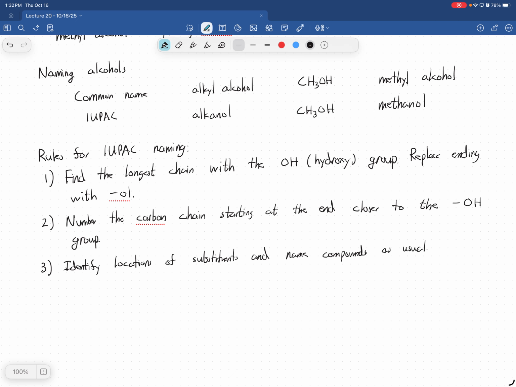Okay, so in this case, still alphabetical order, and the substituents that come first in alphabetical order should get the lowest number possible. Okay, so let's do some examples.